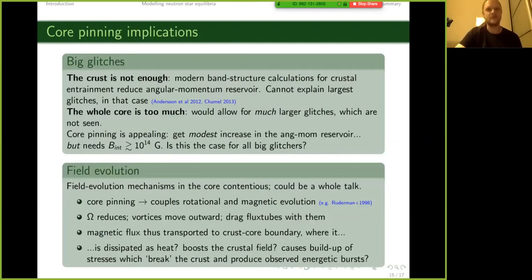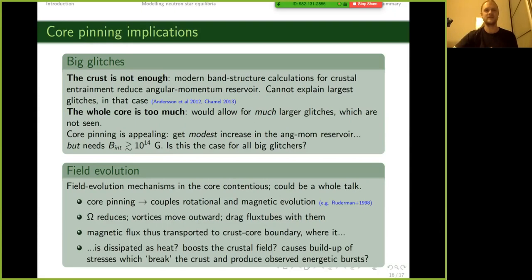And one of those is, it comes back to calculations from Nicolas Chamel from, well, the early 2010s, where he argued that essentially this angular momentum reservoir that one appeals to explain glitches from the crustal superfluid is not as big as you would think it is.